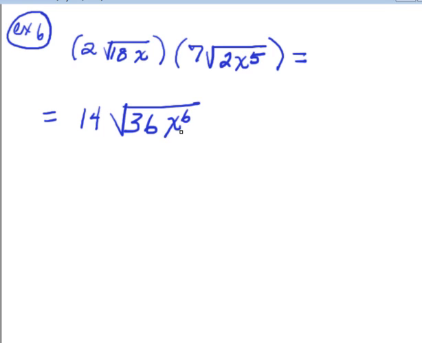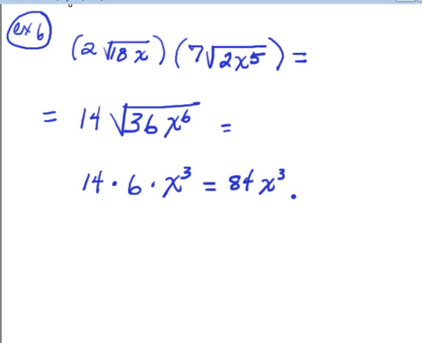Both of these are perfect squares, so we can take the square root. So we have 14, the square root of 36 is 6, and the square root of x to the 6th we get by just taking half of that exponent. So that would be x cubed. All right, so it's 14 times 6, that's 84x cubed.